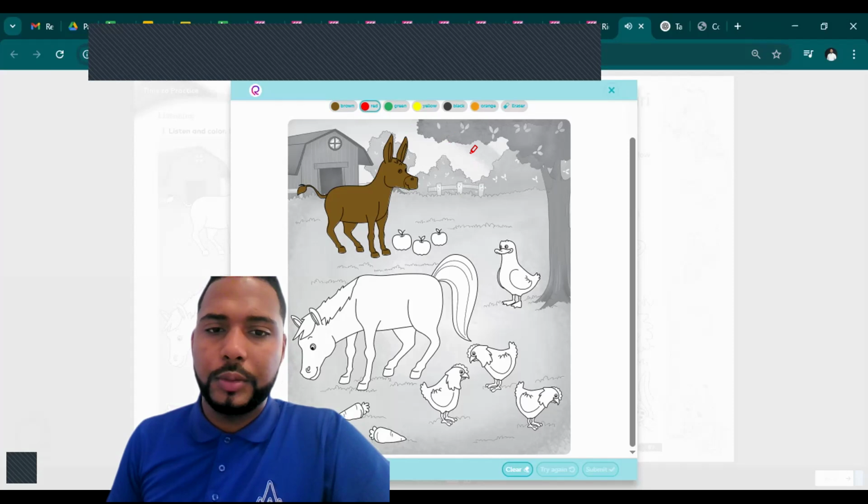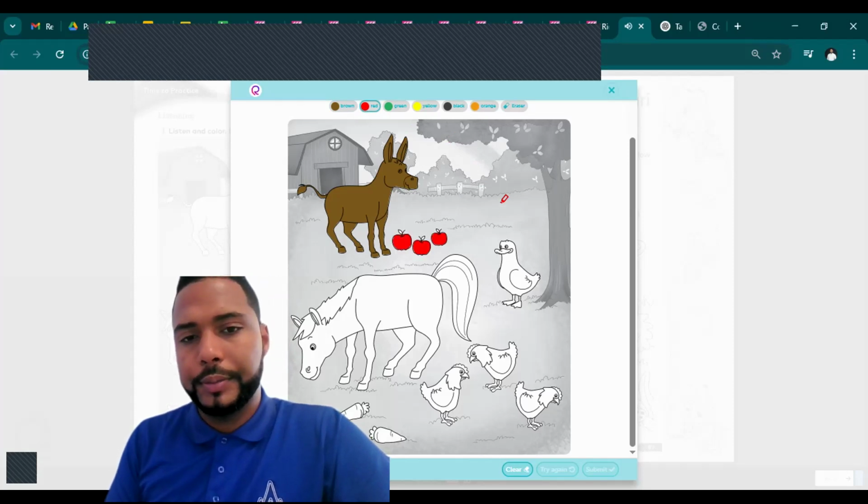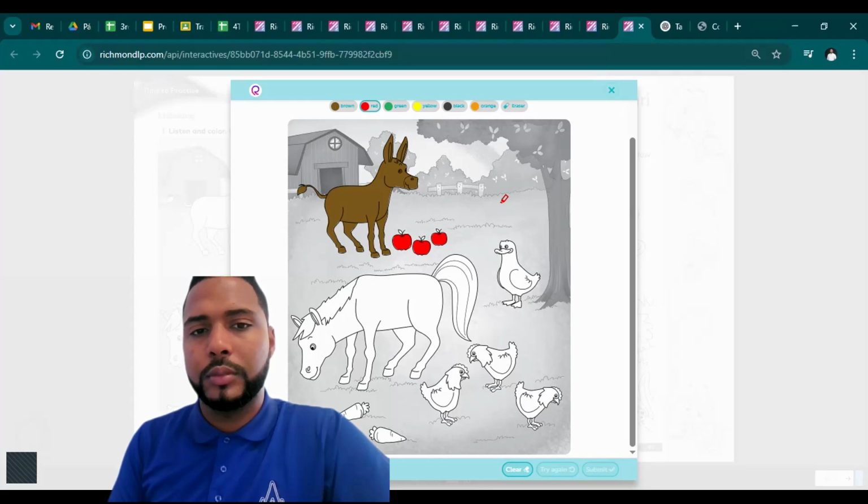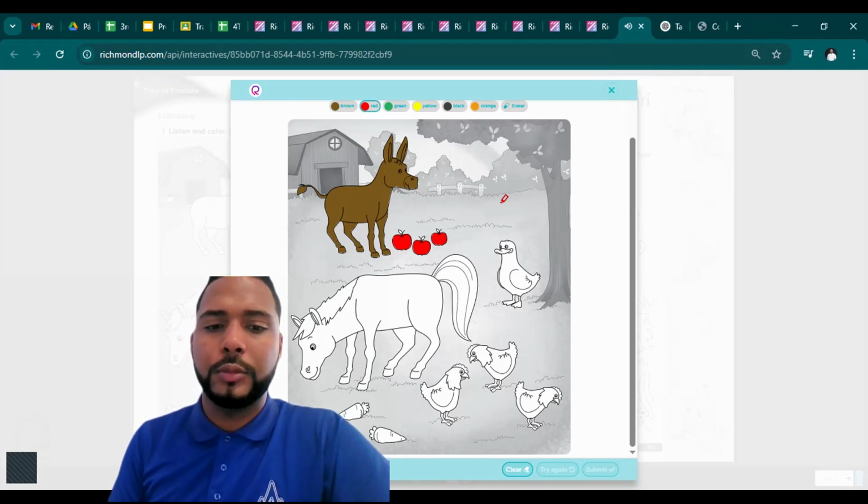Color them red. 3. Very good. And now the duck. Can you see the duck? Yes, it's under the tree. That's right.